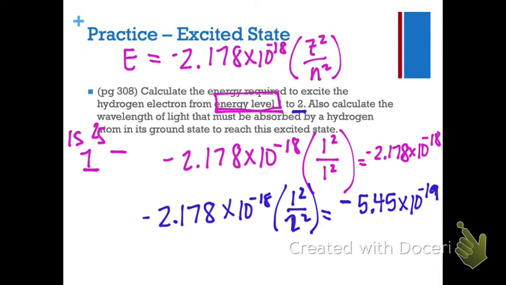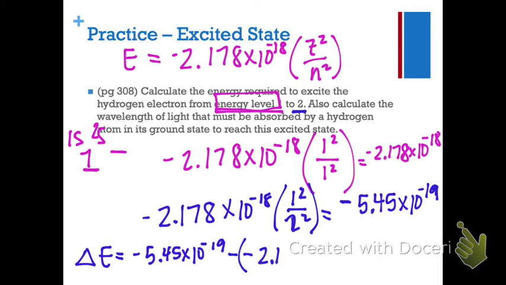Now I want to find the delta, the change in energy. I'm going to take final minus initial, which would be negative 5.45 times 10 to the negative 19, minus a negative again, 2.178 times 10 to the negative 18.